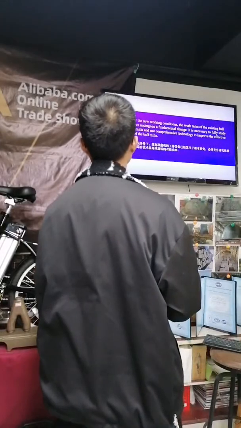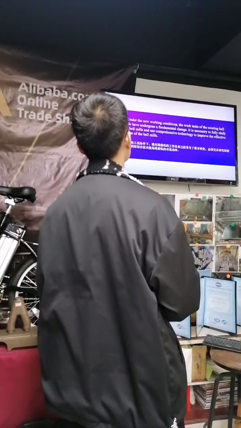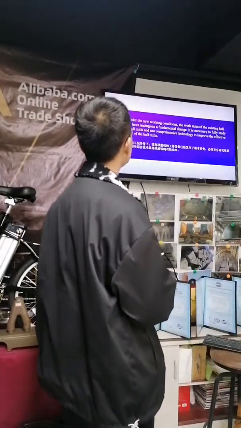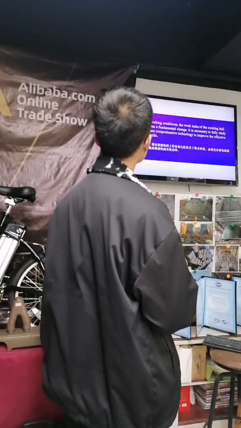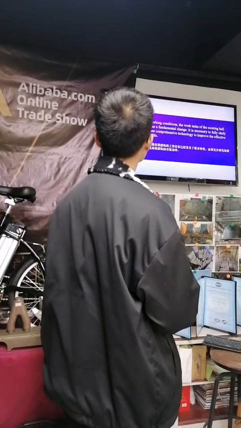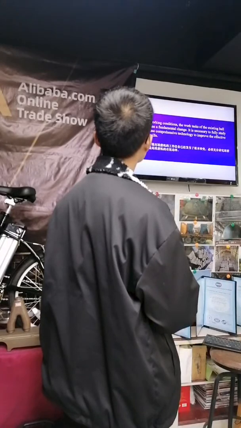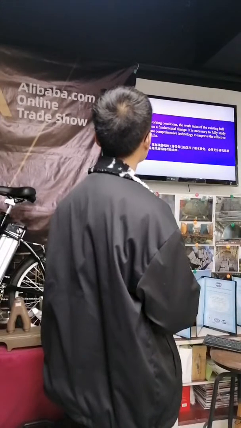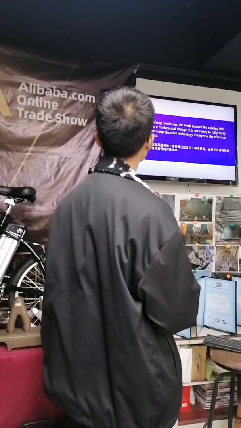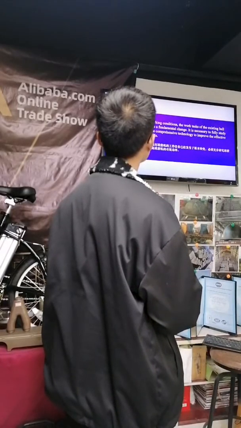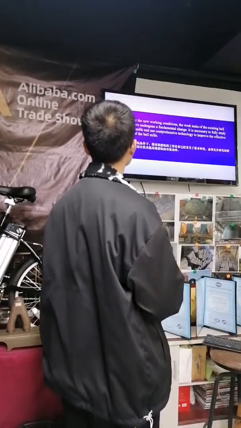And the second, under the new working conditions, the working state of the ball mills has undergone a fundamental change. It is necessary to fully study the ball mills and use comprehensive technology to improve the effective power of the ball mills.